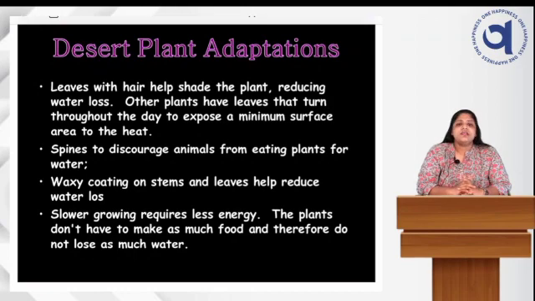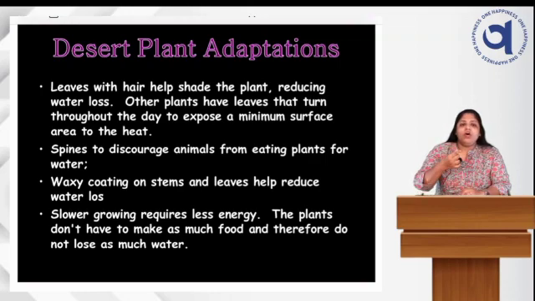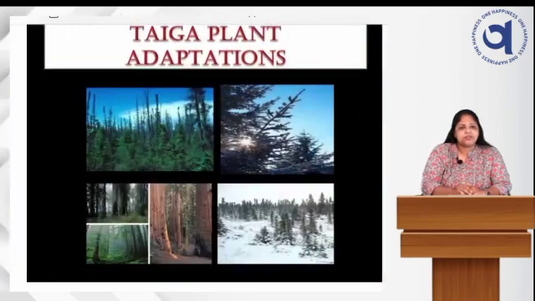Many plants have leaves that turn throughout the day to expose a minimum surface area to the heat. Spines discourage animals from eating plants for water. Waxy coating on the stems and leaves will help to reduce the water loss. Slower growing requires less energy. The plants do not have to make as much food and therefore do not lose as much water.